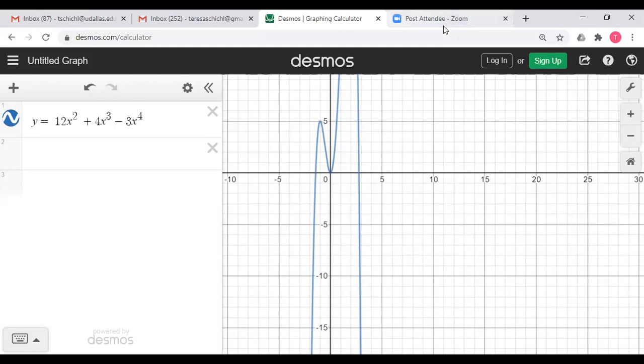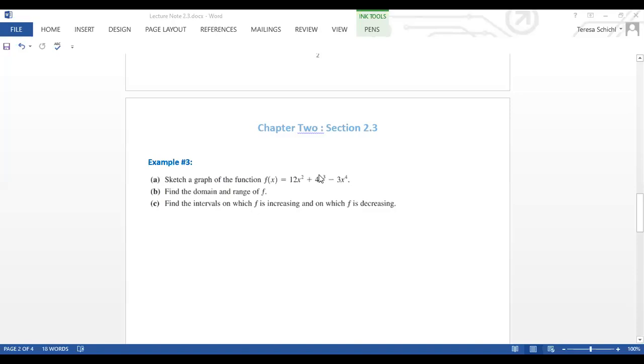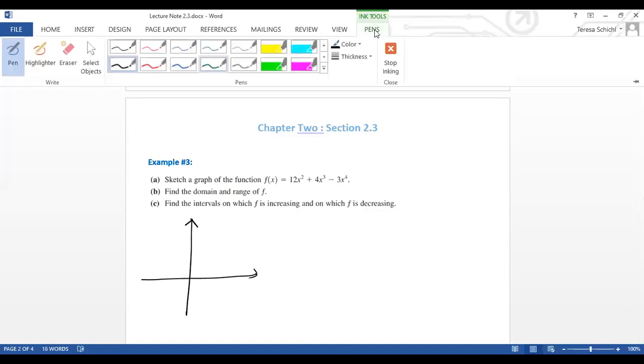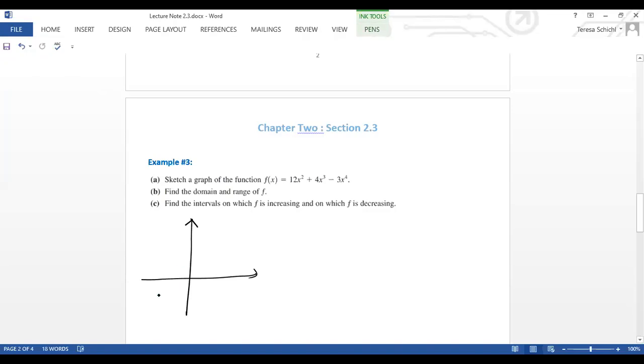That's what the graph looks like. Now let's go back to our worksheet, so we make sure we capture this. Since we already sketched it, let's just write what we learned.